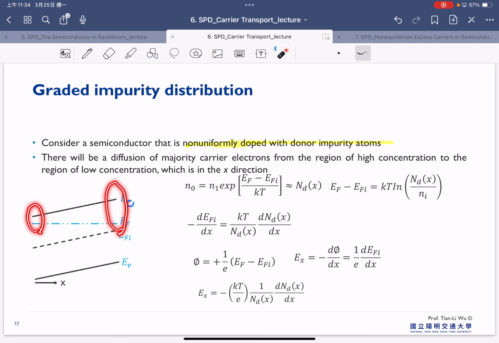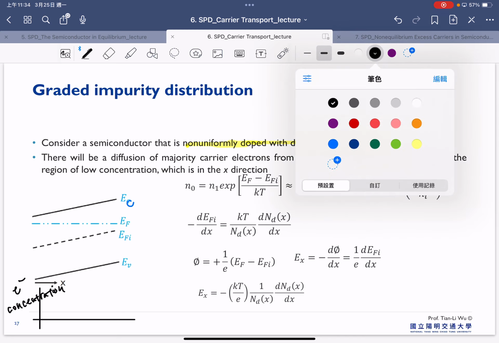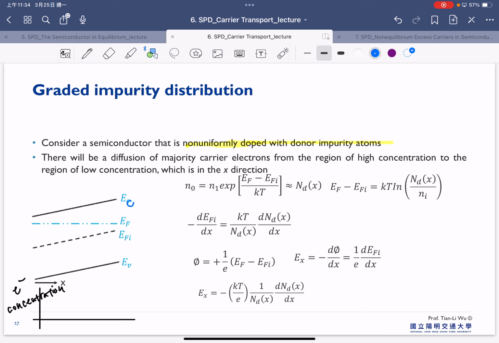So what does that mean? This means if you try to plot the electron concentration, we expect to see the concentration profile like here, because in this region you have E_F close to E_C, so you have a higher concentration.